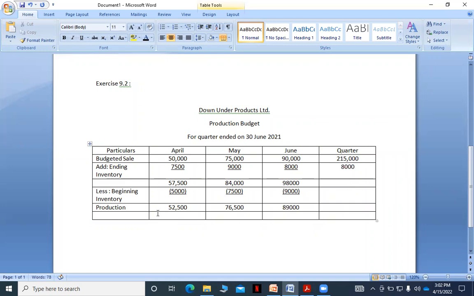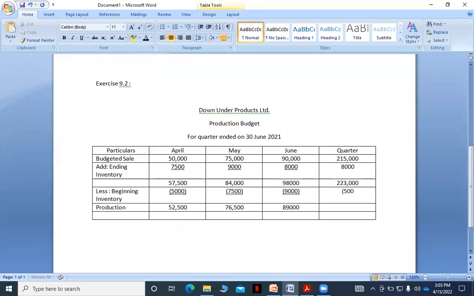So 8,000 plus 2,15,000, it is how much? 2,20,000, তাই না? না, স্যার 2,23,000। 2,23,000 না? জি স্যার 2,23,000. Our beginning inventory will come from the very first period, that is 5,000.